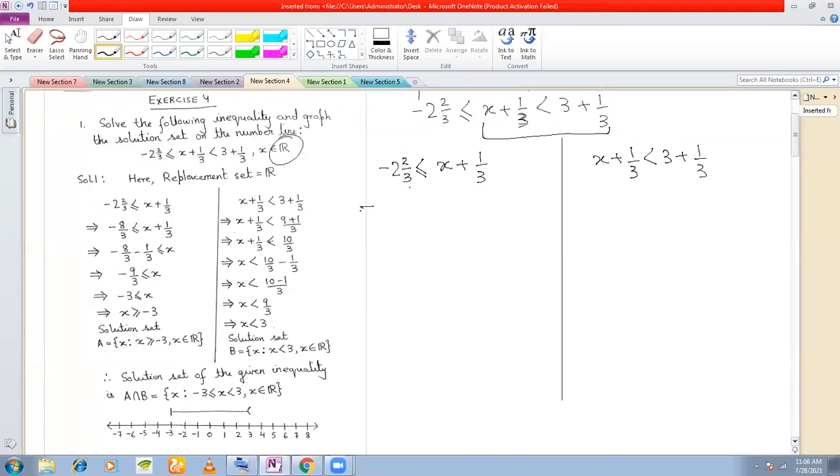Look at the first one. You convert this to an improper fraction, you get -8/3 less than or equal to x plus 1/3. Now you transpose this; from the rules of solving inequality, you can transpose this to the other side. So -8/3 minus 1/3 is less than or equal to x. That means (-8 minus 1) divided by 3 is less than or equal to x.